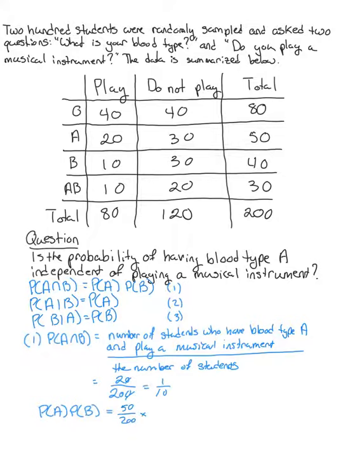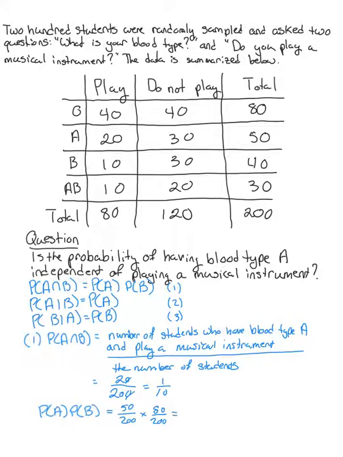And that probability of B is the probability of a student playing a musical instrument, which in this case is going to be the total number of students who play an instrument over the total number of students that there are. So that will be 80 over 200.